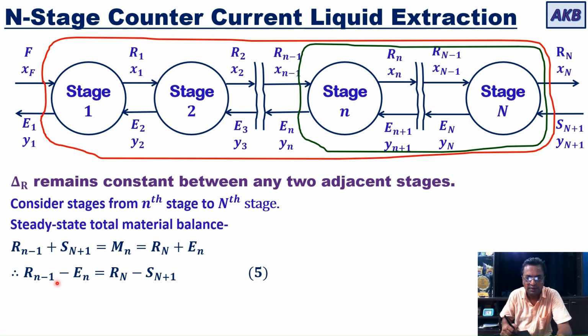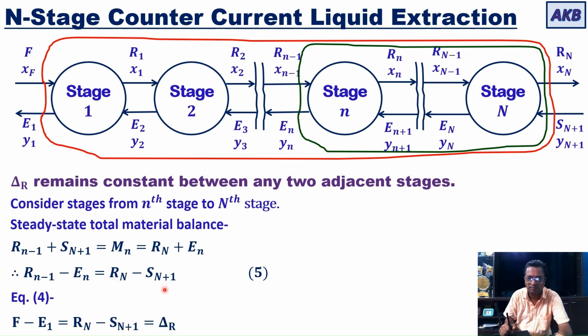Rn minus 1 minus En is the difference in the material flow between n minus 1 stage and n stage. And this is equal to the difference in the material flow at the end, the net material flow out of the cascade. So equation 4 was F minus E1 is equal to Rn minus Sn plus 1.